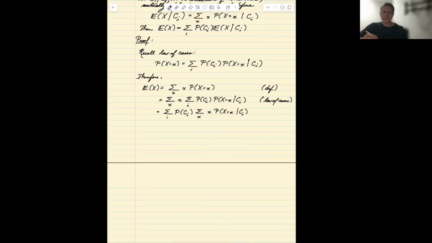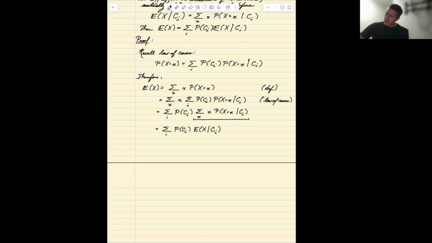Not in all cases, but for the sake of this course, it's not an issue. And then by definition, this is how we defined expectation of X given Ci. And we're done.